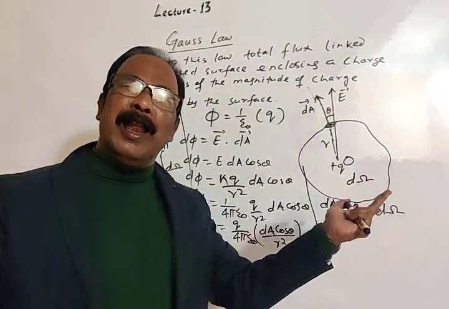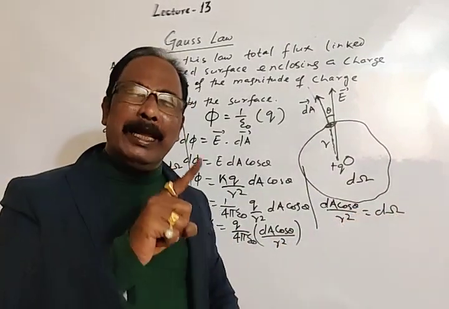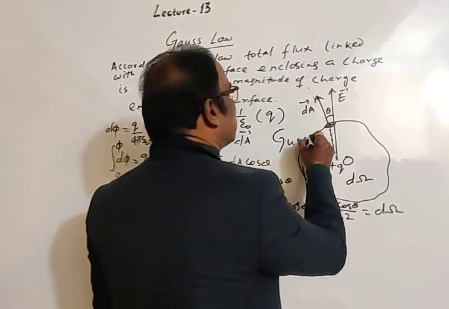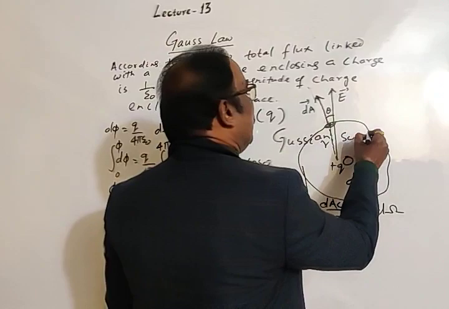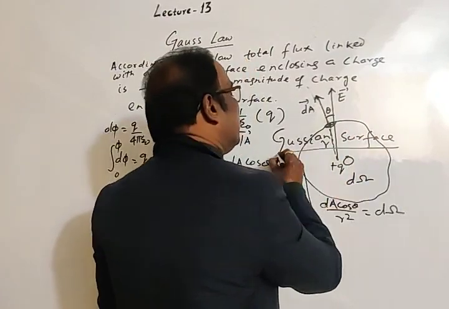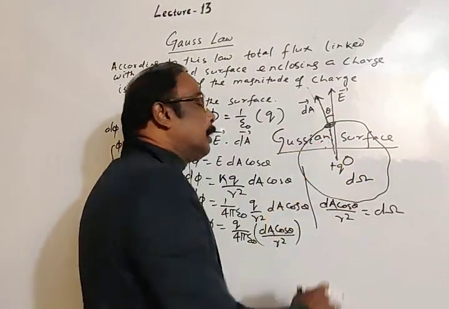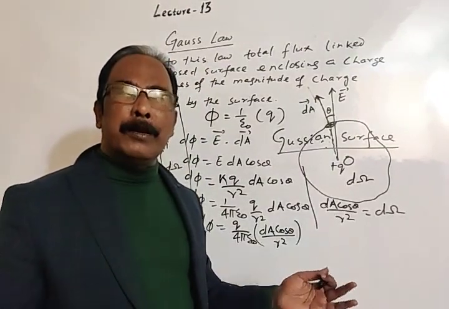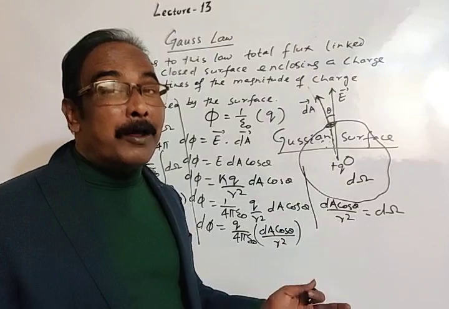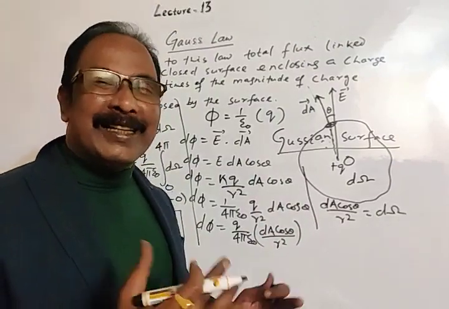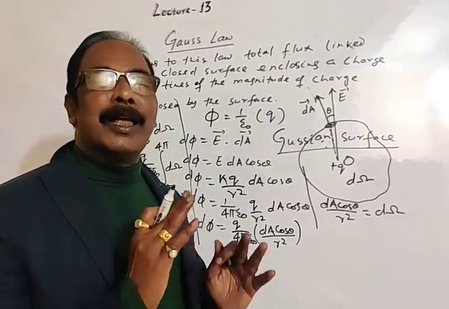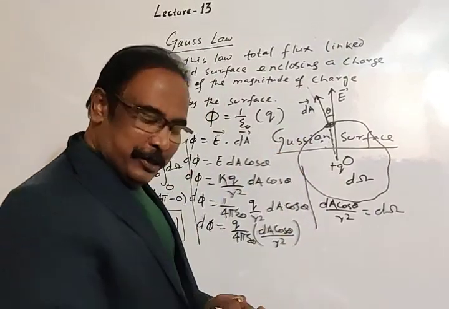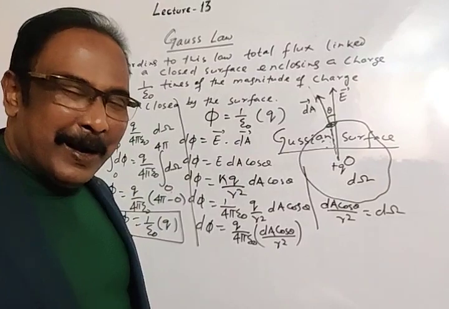So any imaginary surface enclosing a charge is called a Gaussian surface. As we have discussed, if a surface encloses a charge, then there must be flux linked with the surface. That surface is called a Gaussian surface. Then some facts about Gauss law.